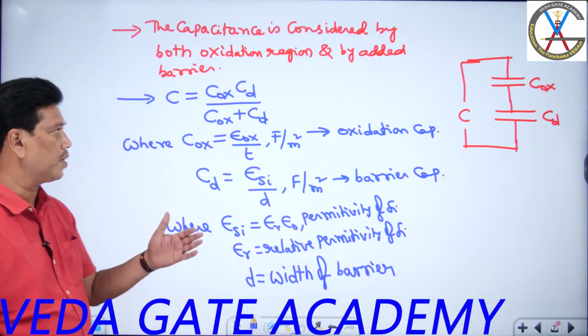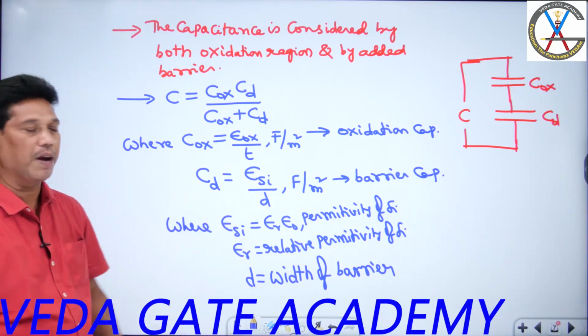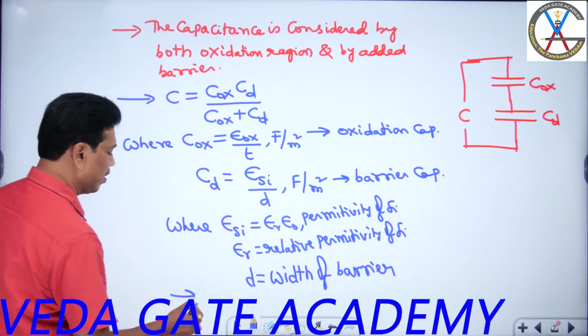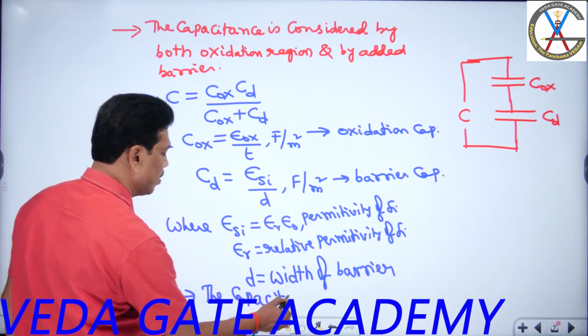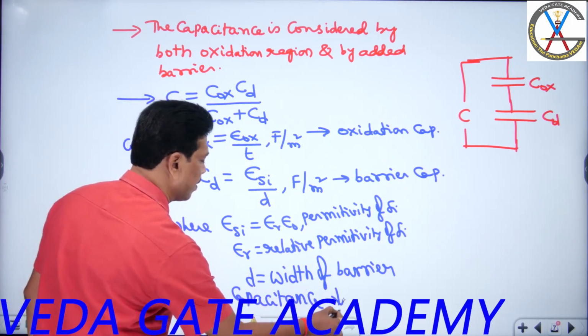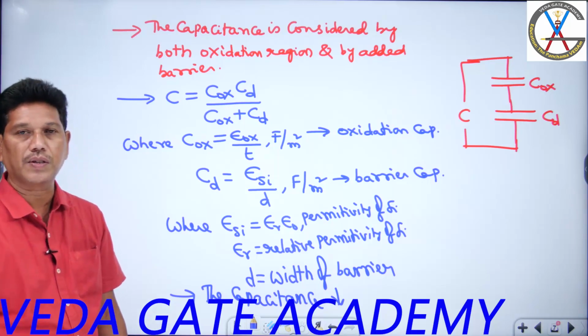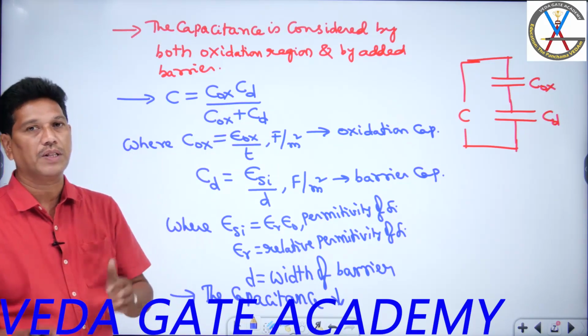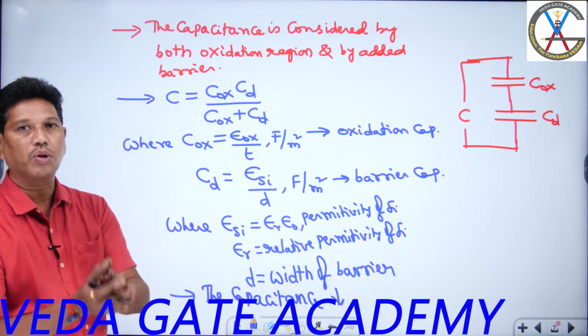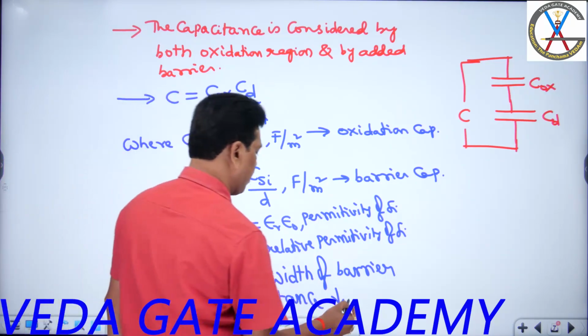So here the capacitance decreases and becomes minimum. Can I write now? The capacitance decreases here as we increase the voltage between 0 and VT. The capacitance decreases and becomes minimum.